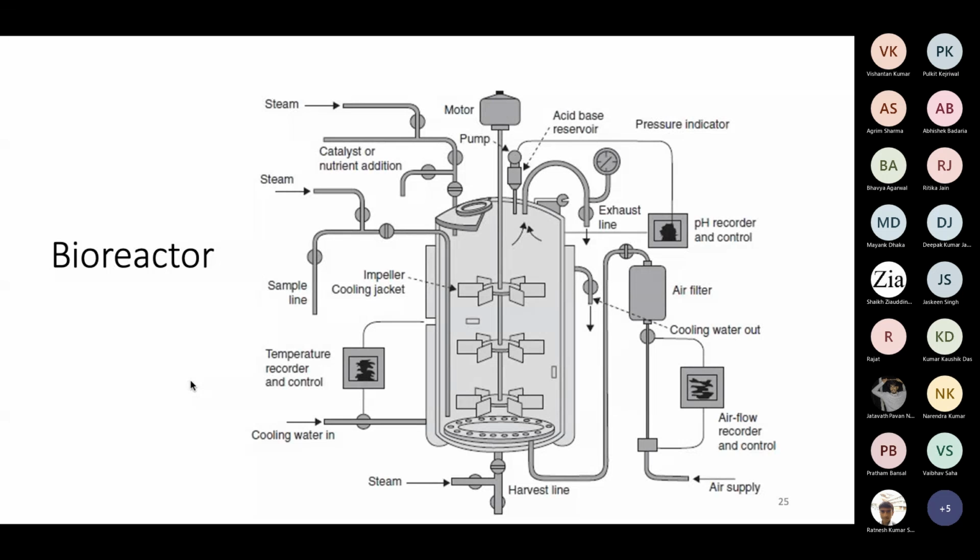And sometimes, if you need to maintain a specific air temperature, you can have a heat exchanger before supplying the air. So you either reduce the air temperature or elevate the air temperature by using a heating system in the air supply. After the filter, it goes to the reactor, now continuously supplying air.